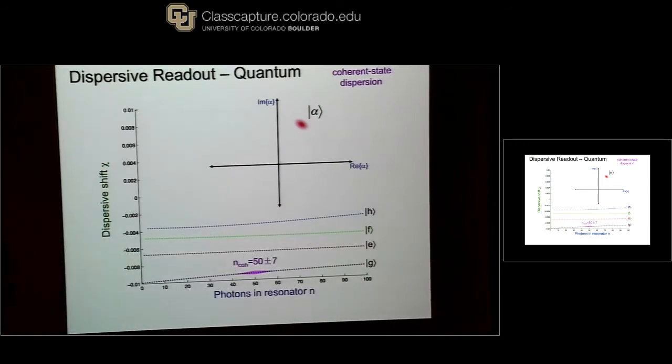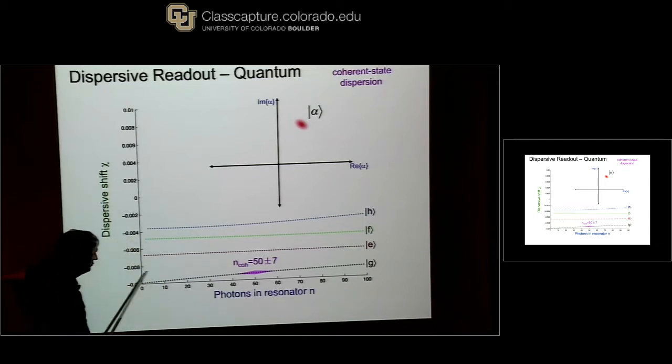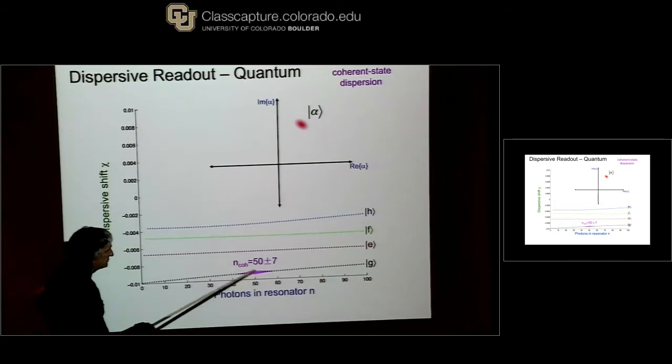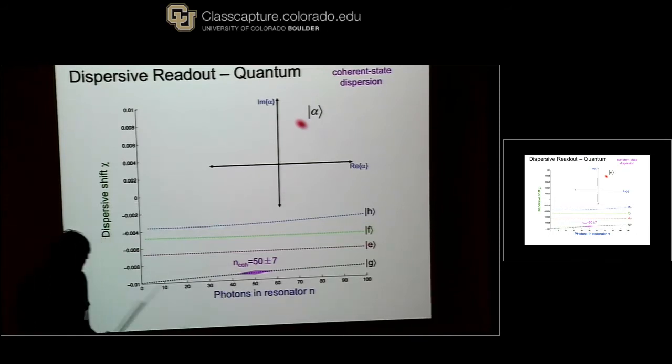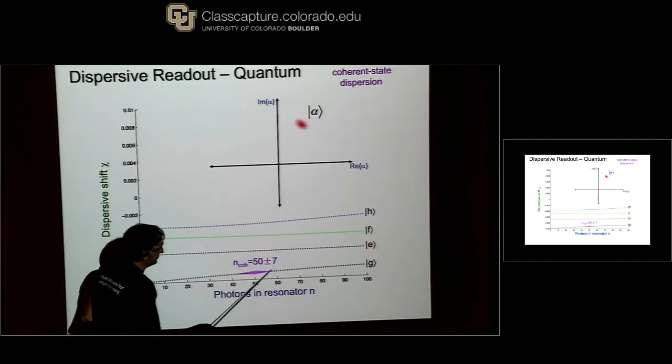So what happens here is, these are the dispersion curves, how much the frequency changes. And you see you put in maybe 50 photons in the resonator. And of course, when you excite it with a mean number of 50 photons, there's a Poissonian distribution around that. So you're actually exciting 50 plus or minus 7.